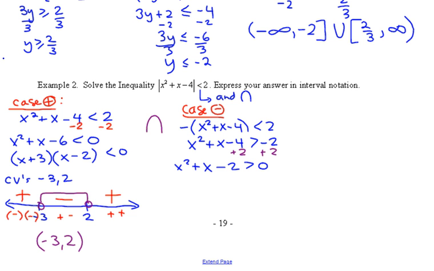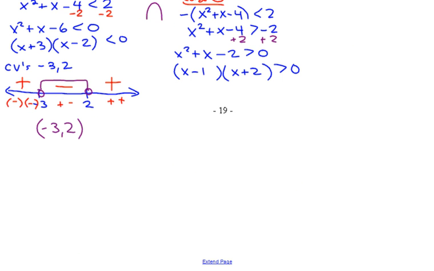Two numbers that multiply to negative 2 and add to positive 1: negative 1 and positive 2. So what are our CVs? 1 and negative 2.